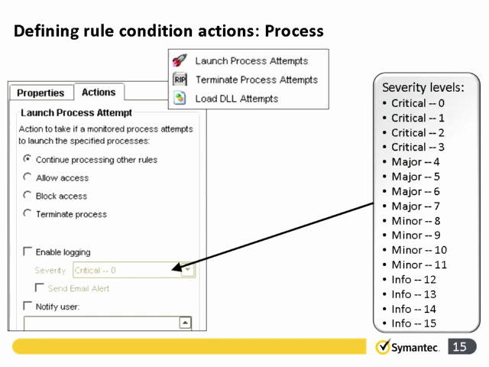We then need to make sure the rule conditions are correct. Here we can see the actions to take when the particular rule is true. We could continue processing after all rules, allow access, block access, or terminate the process. And it's a good idea to enable logging and specify the severity level.